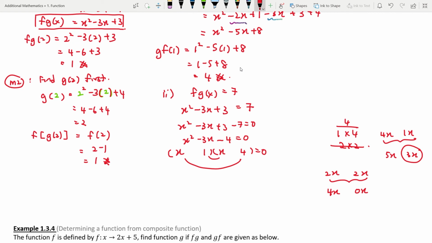In order to get a negative 3, we need to have a negative 4 plus 1. And lastly, don't forget to check positive, negative, we get a negative here. x plus 1 equal to 0, x equals negative 1, or x minus 4 equal to 0, x equal to 4. So we have two values of x.